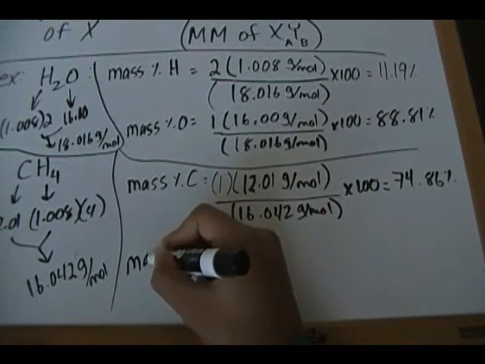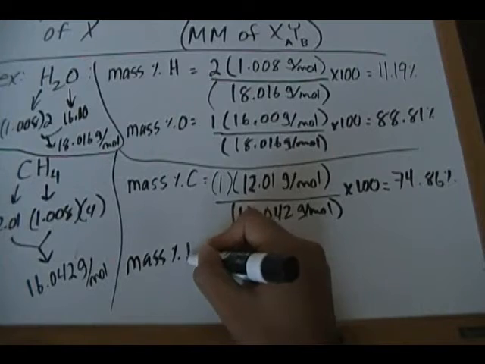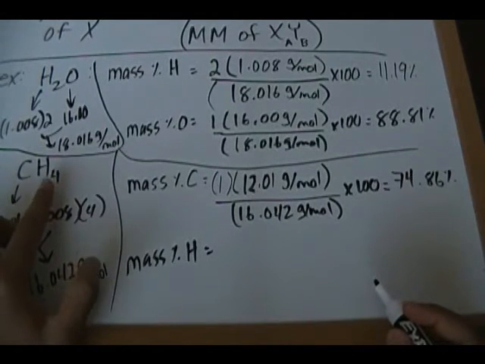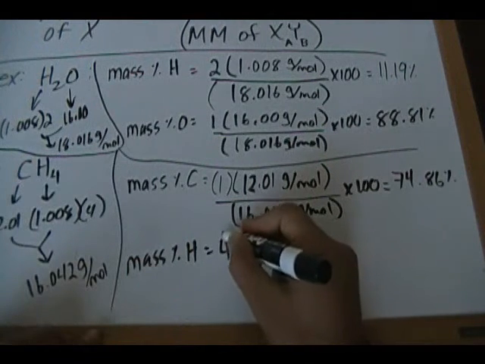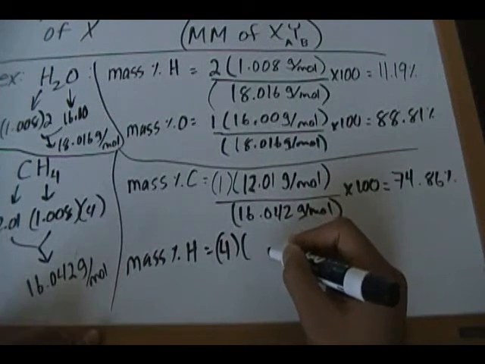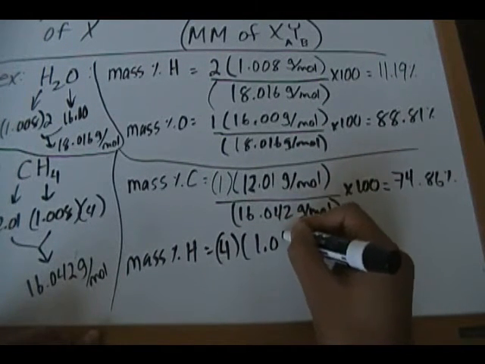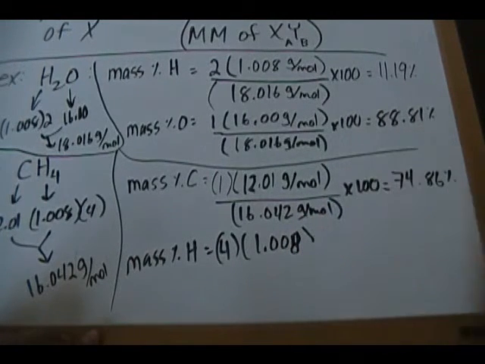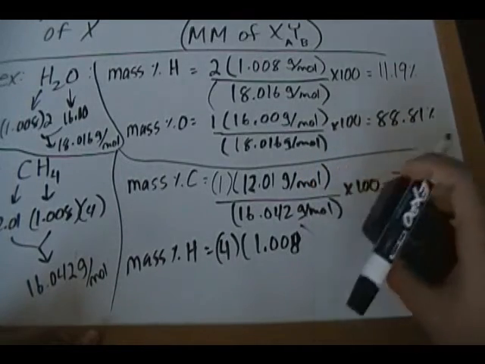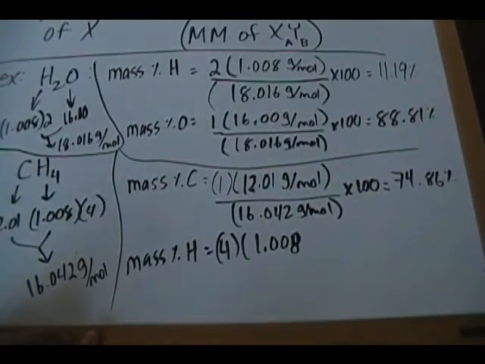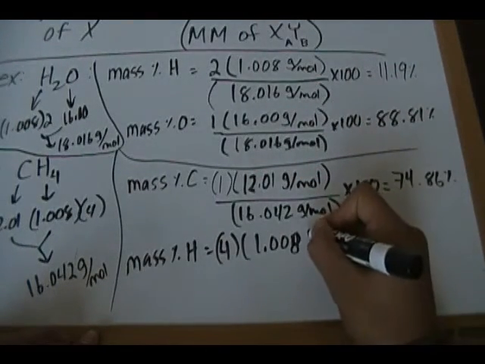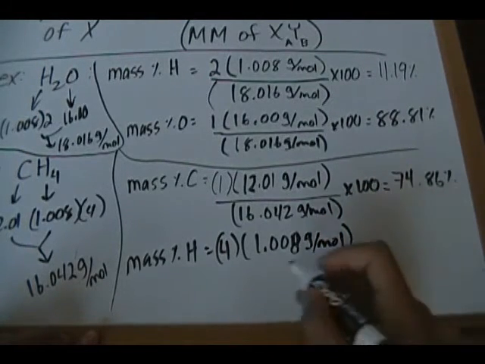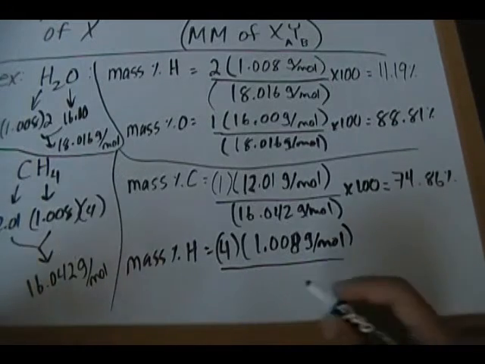And then the mass percent of H is going to be, the subscript in this case for hydrogen is 4, so it'll be 4 times the molar mass of hydrogen, which is 1.008. Even though the units cancel out and we can just forget about the units, it's good to get into that habit, because eventually it could haunt you if you don't keep track of your units.